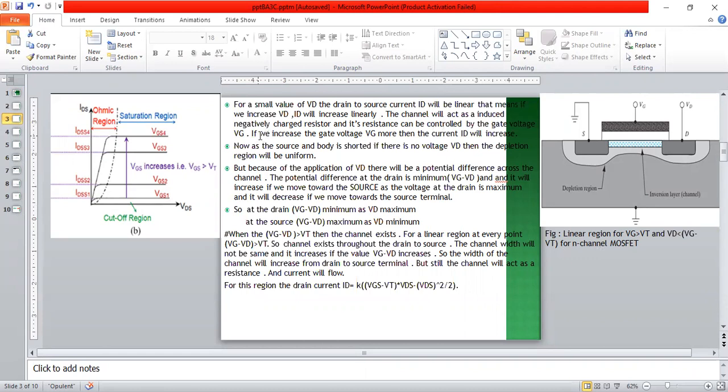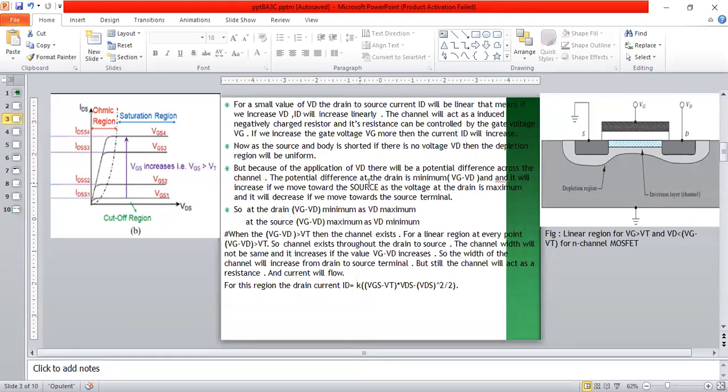Now if we increase the gate voltage Vg more, then the current Id will increase. As the source and body are shorted, if there is no voltage Vd, then the depletion region will be uniform. But because of the application of Vd, there will be a potential difference across the channel.